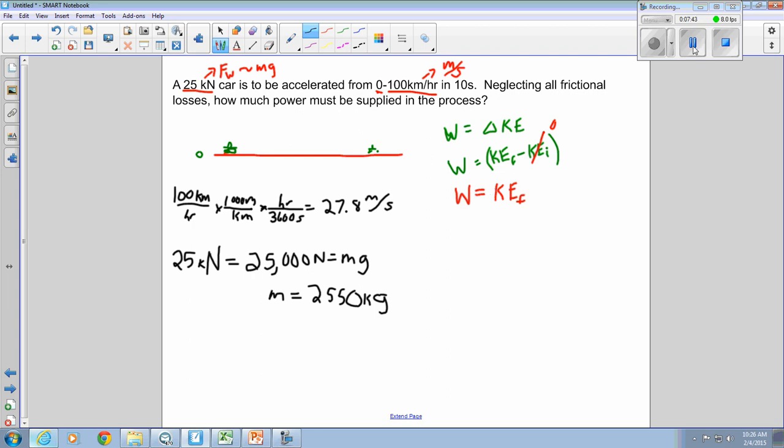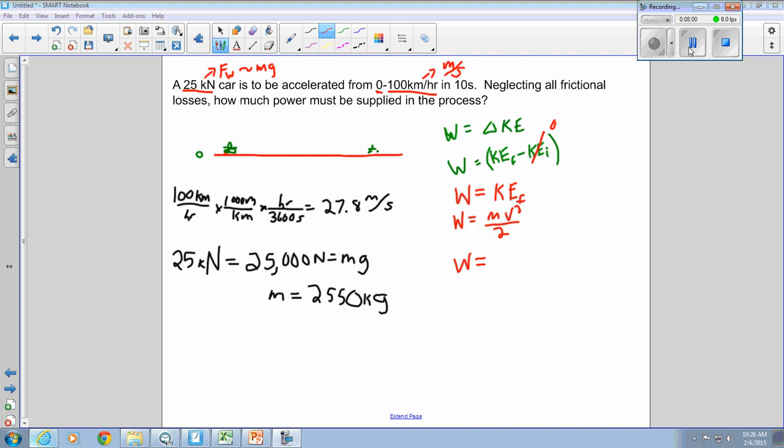And so these are the numbers we're going to use in our kinetic energy formula to figure out work. And we're going to figure out work so that we can figure out the power using the amount of time that this car is accelerated. Work equals mass times velocity squared over 2.